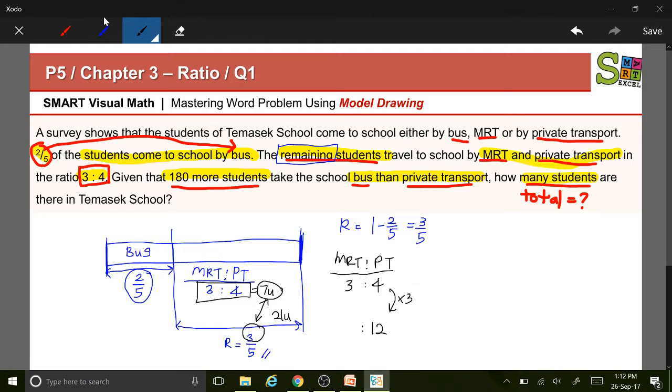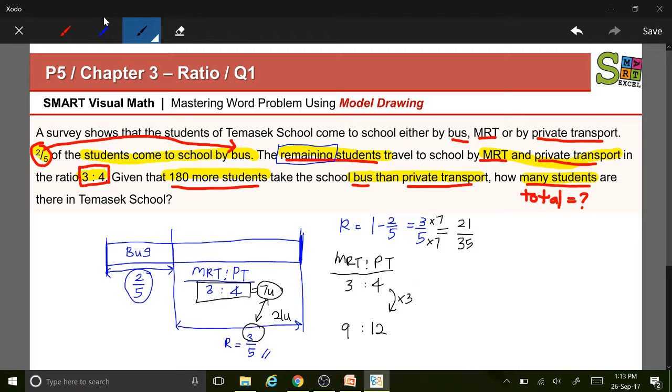Then 3 times 3 is 9. So with this, the equivalent, if we change this to 21, it means here you times 7, this you times 7, and here you get 35.